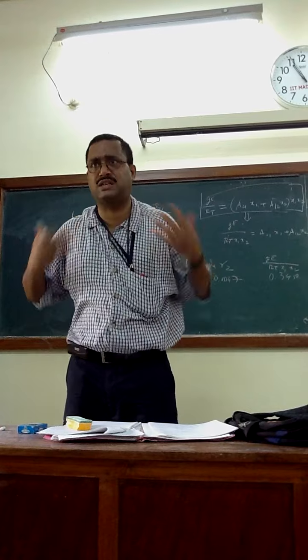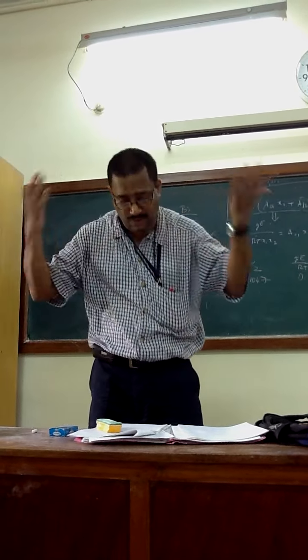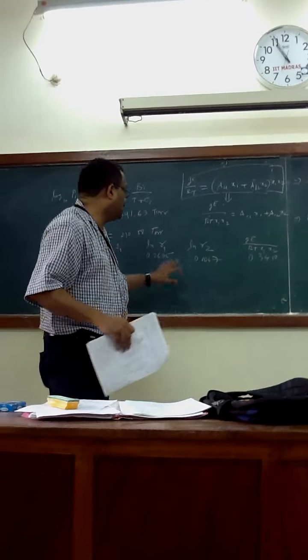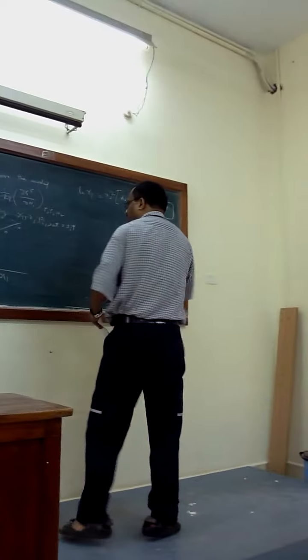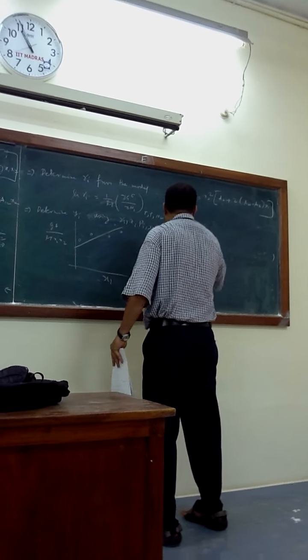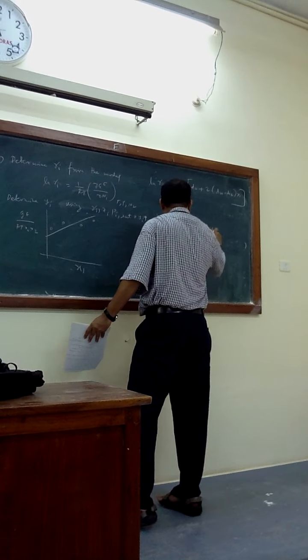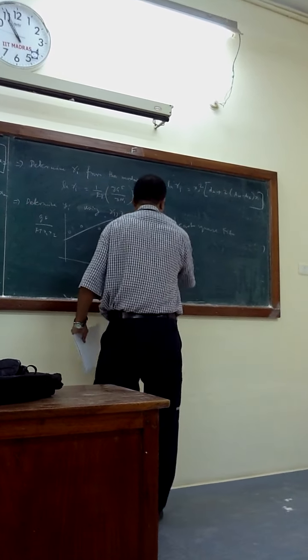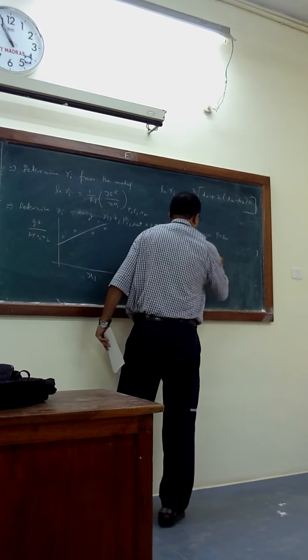Okay, anyway, so G by RT x1 x2 will be given with respect to x1. So how to do least square? Least square fit. You have some data. You have to get the y equals ax plus b equation. How to get a and b from the data? Do you know that?